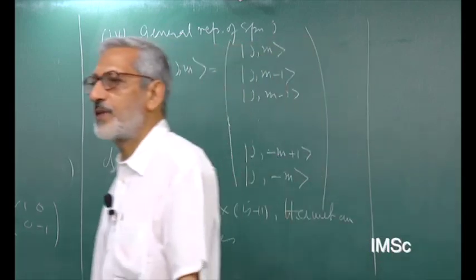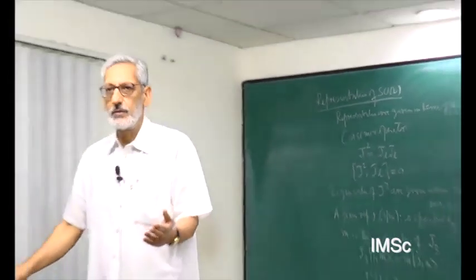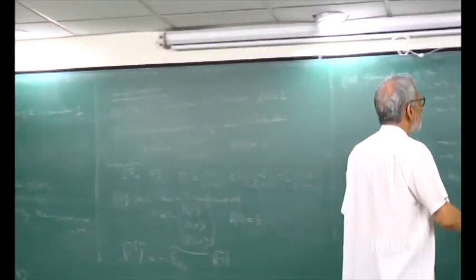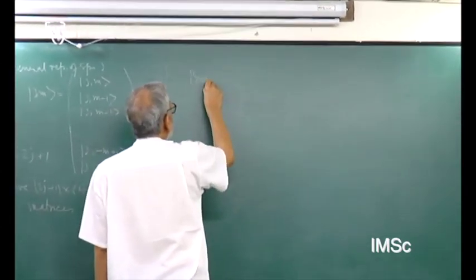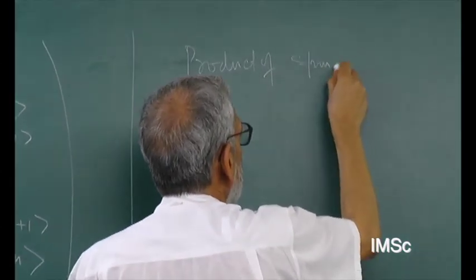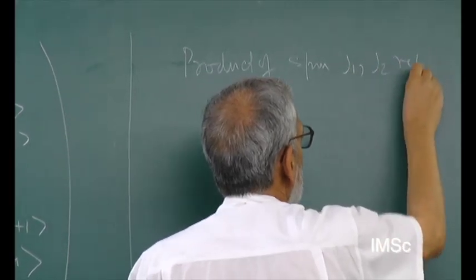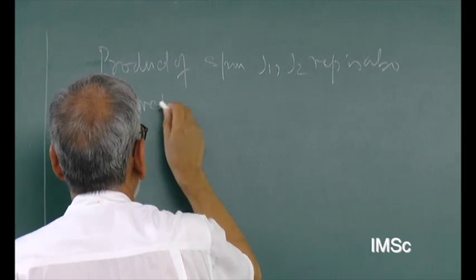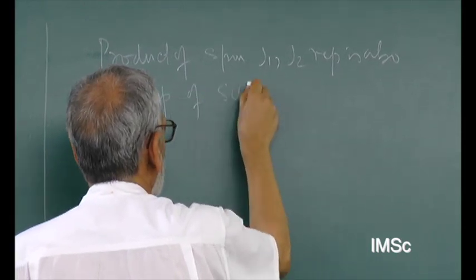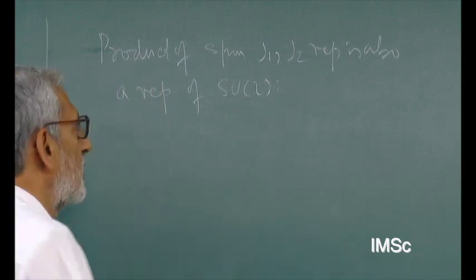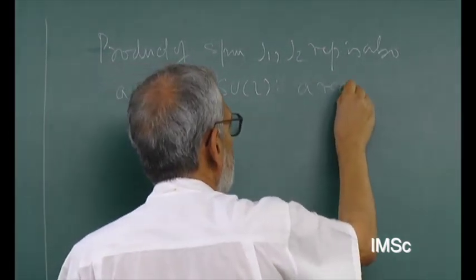Now, if I take two representations of SU2 and take a product, that's also a representation of SU2. The product of spin J1 and spin J2 representations is also a representation of SU2, but it's a reducible representation.